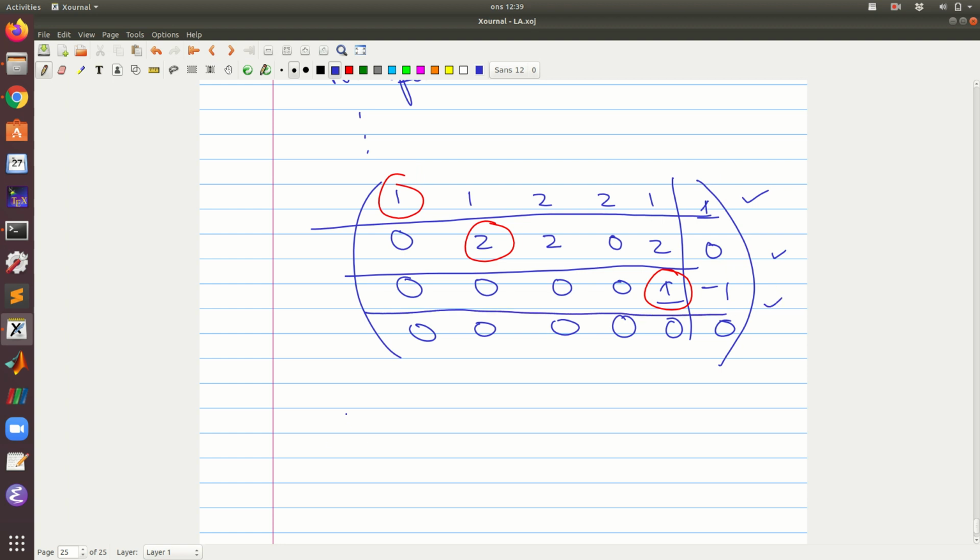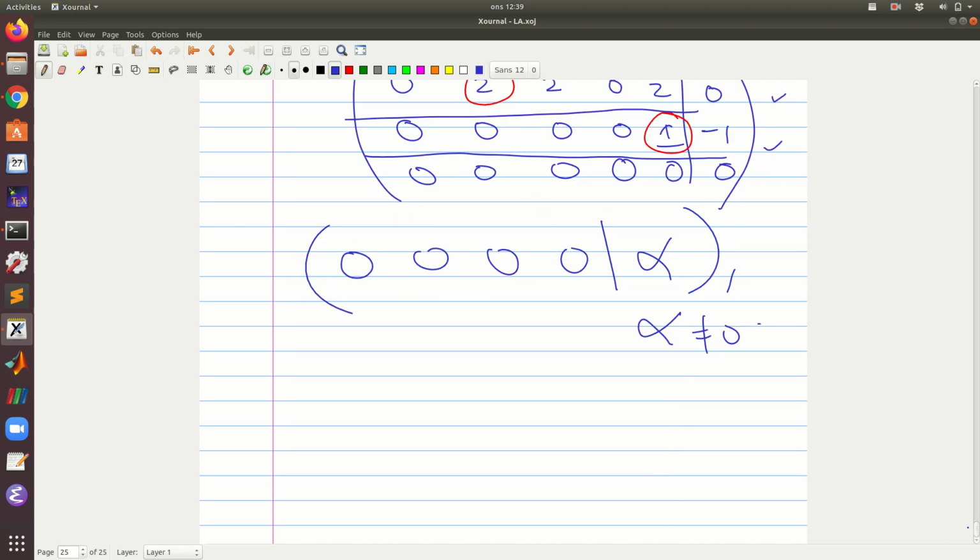Our only worry was looking for a row where this is going to occur, where alpha is not equal to 0. Since this does not occur, we can know that this system here is consistent.